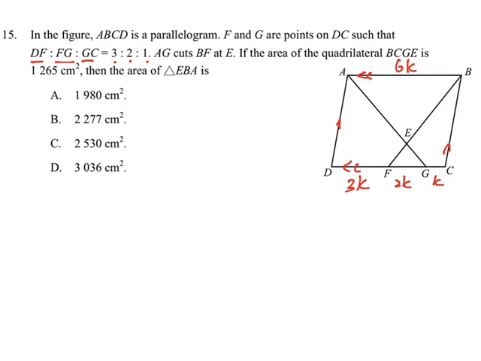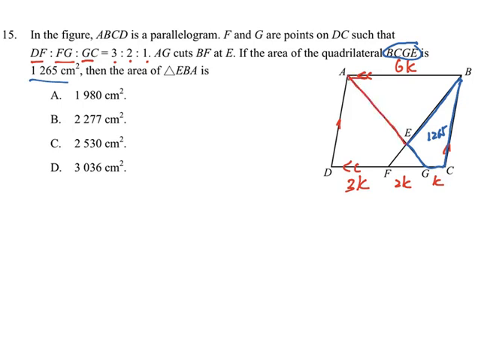And the next one, we can see the quadrilateral BCGE. This one, BCGE, the area is 1265.